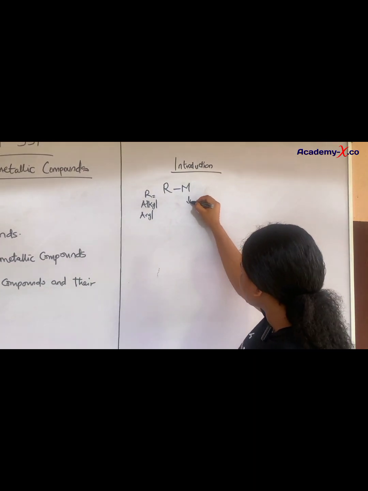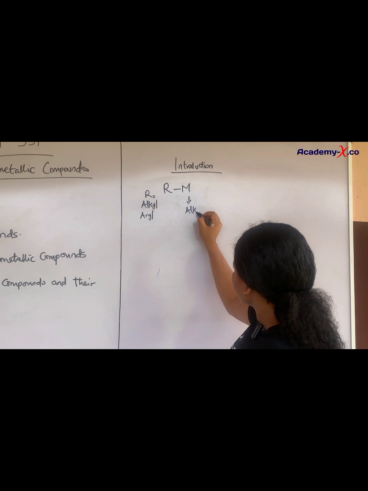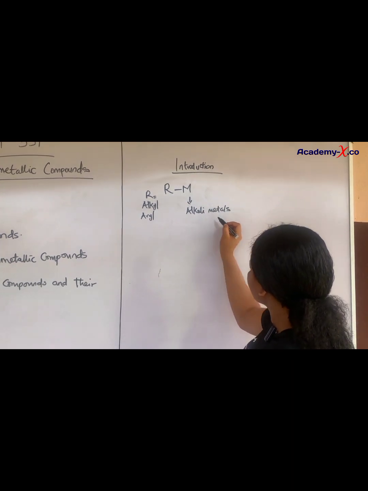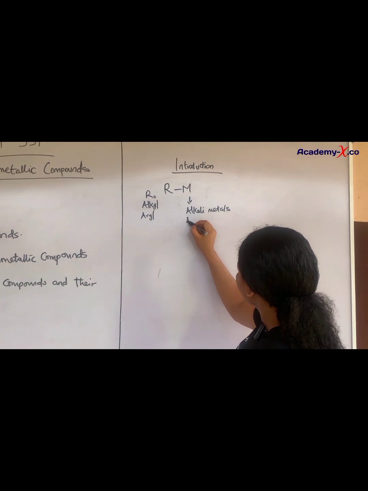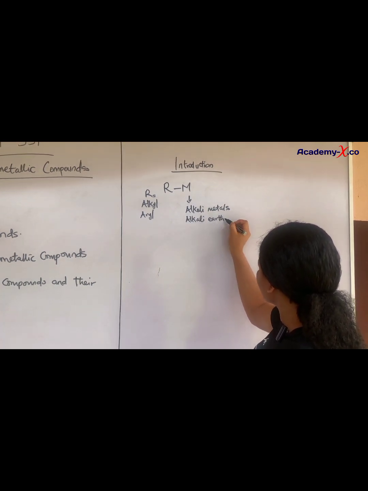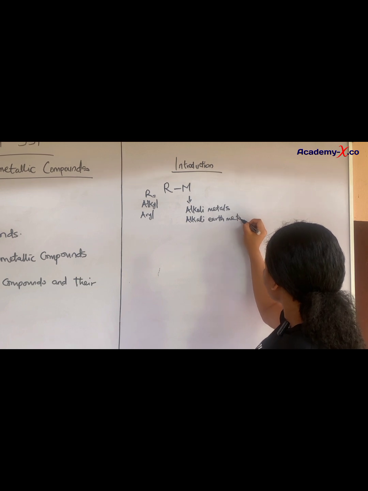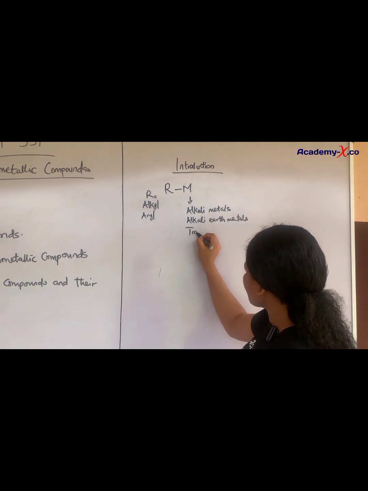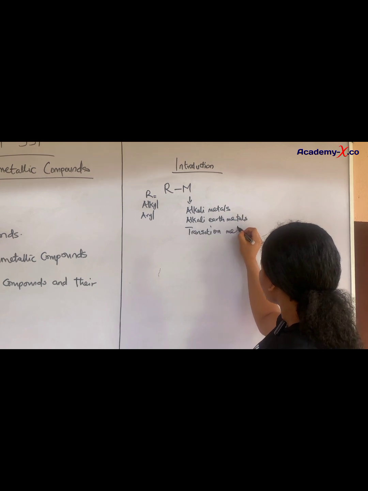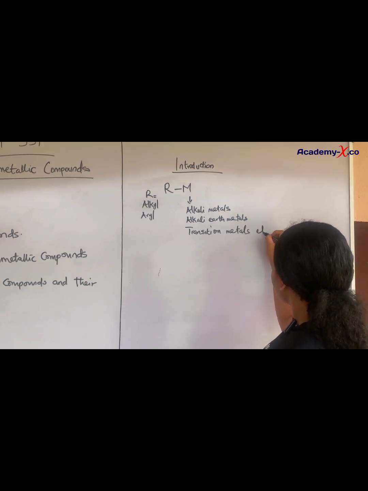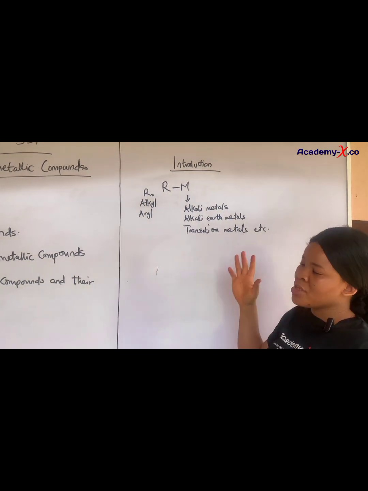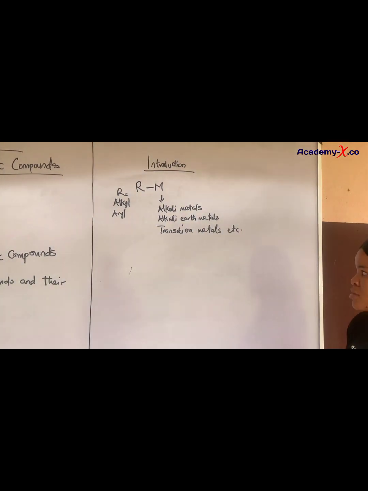The metals involved here are alkali metals. We have the few alkaline earth metals, that is the group 2 metals. Then transition metals, and some other ones that are, let's say, intermediate between the alkaline earth metals and transition.